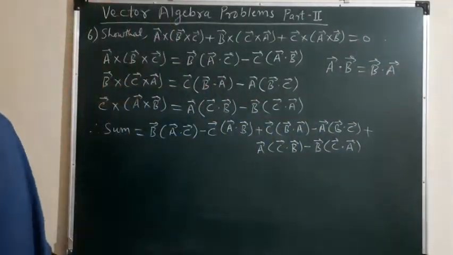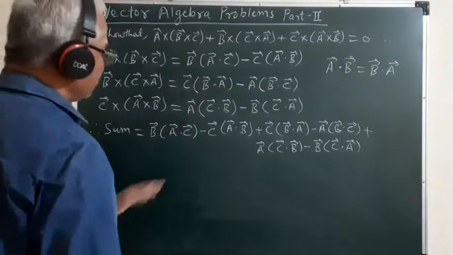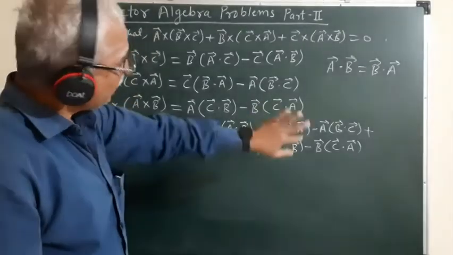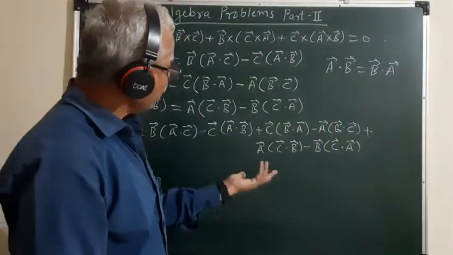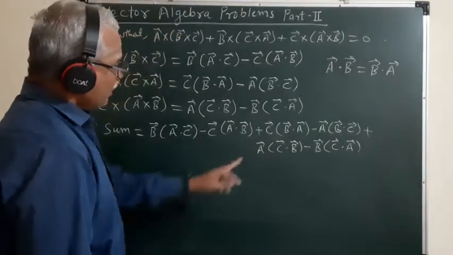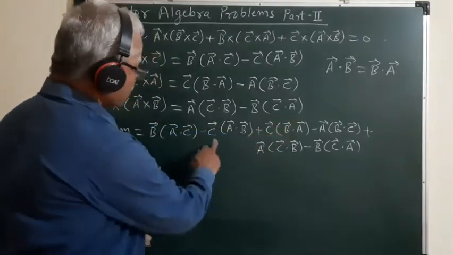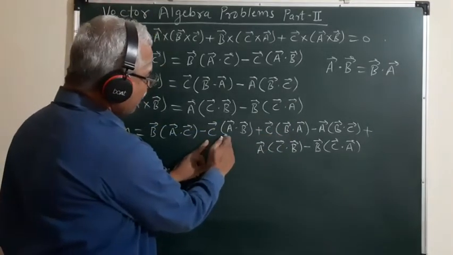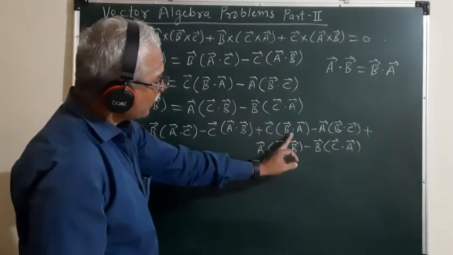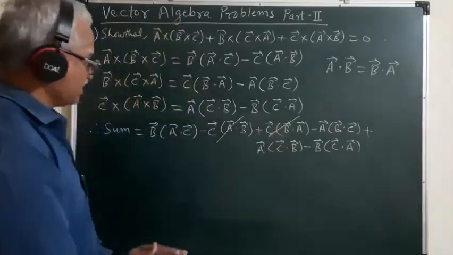Using this property here, we can replace either a bar dot b bar by b bar dot a bar, or b bar dot a bar by a bar dot b bar. So here, if b bar dot a bar is replaced by a bar dot b bar, this term is minus c bar into a bar dot b bar, and this term is plus c bar into a bar dot b bar. So these two terms will get cancelled.